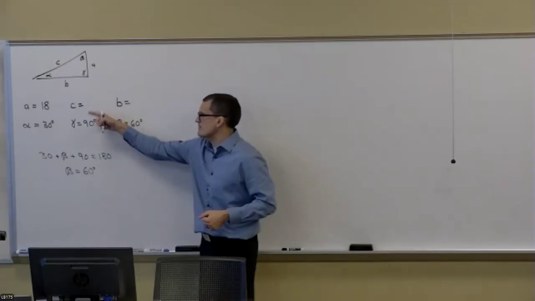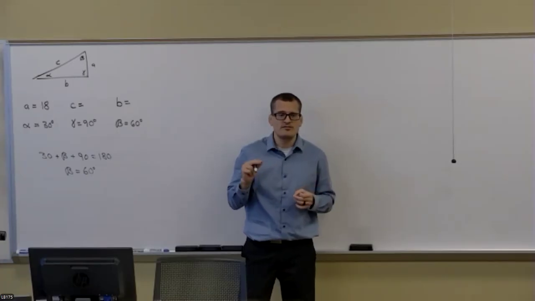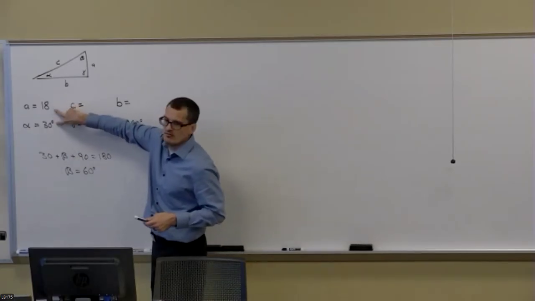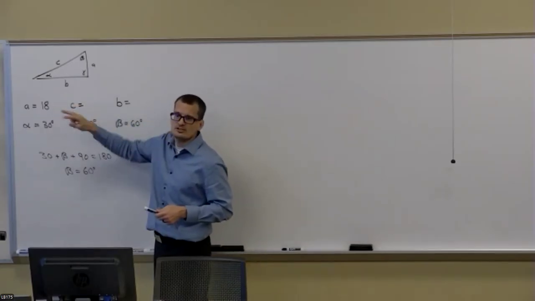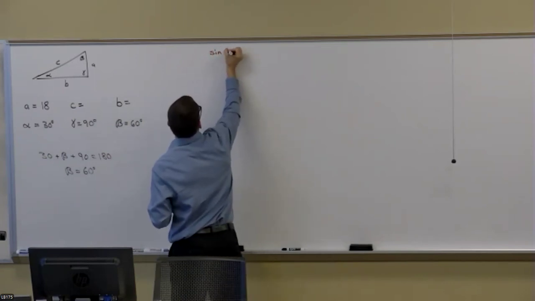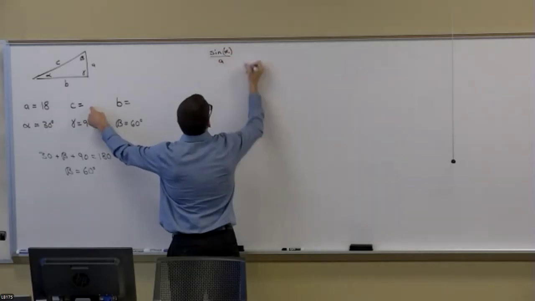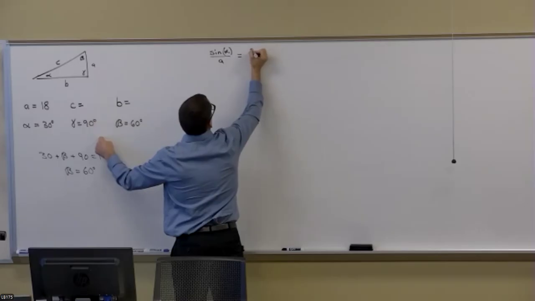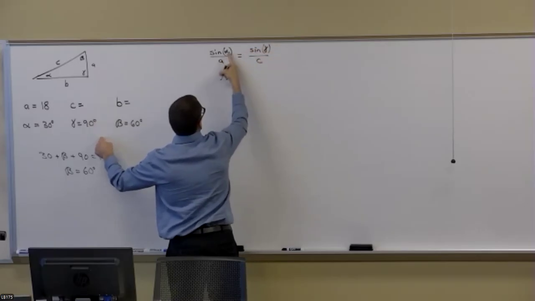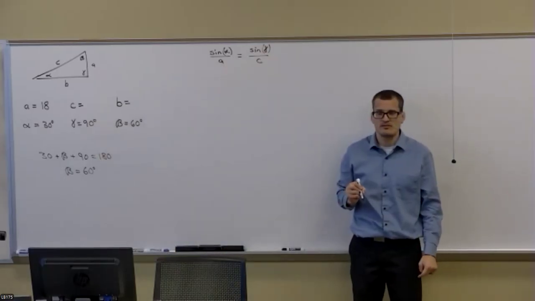And so here's what I'm going to do. I'm going to utilize the law of sines with pairs of ratios. Notice that I already have the A and the alpha, so that'll be one ratio that I use, namely, sine of alpha over A. In order to find C, I'll do sine of gamma over C is equal to sine alpha over A. Makes sense?